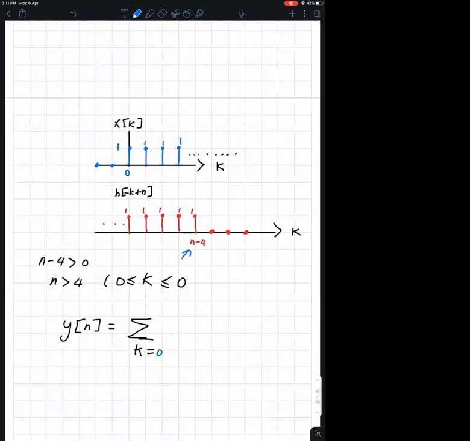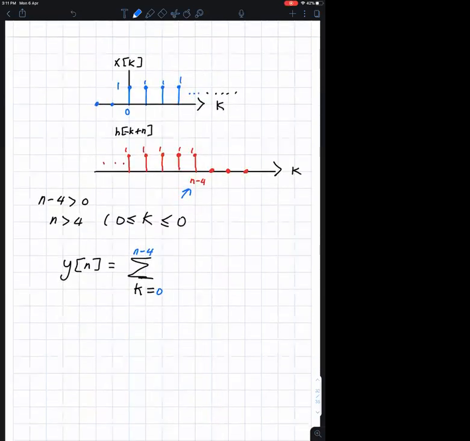N can be 100, 200. So that's going to determine the upper limit. This one is going up to infinity, so it can go forever, but this is n minus 4, a finite value. It's going to be 0 after that. So n minus 4 is going to control the upper limit.